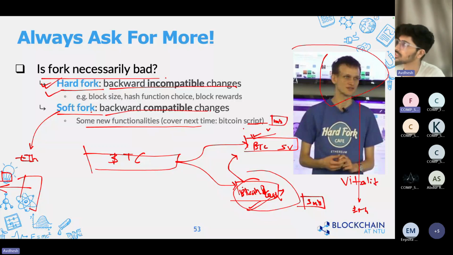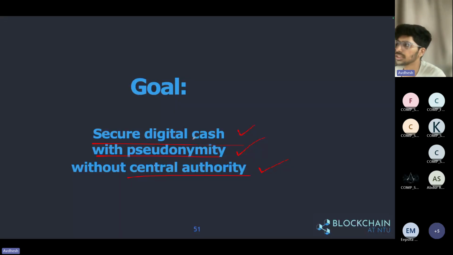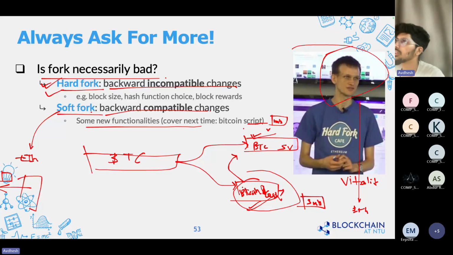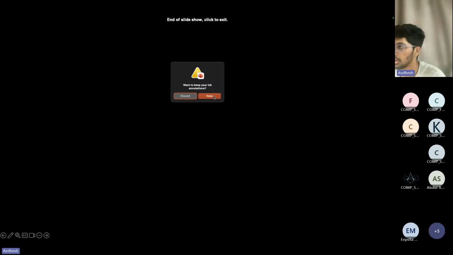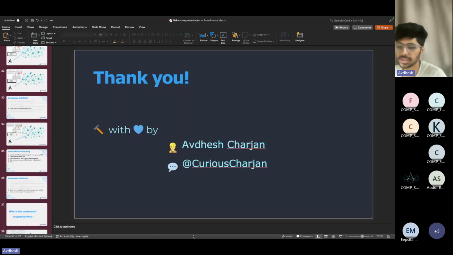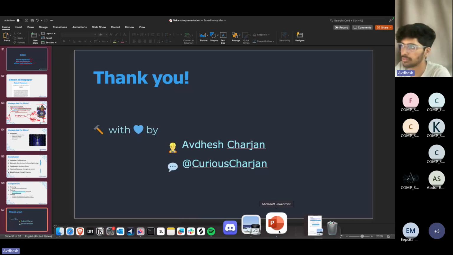He recently turned 30, and I have a lot of respect for him because of the things he did for the Ethereum ecosystem and for bringing forward the idea of a secure digital cash with pseudonymity and without a central authorization authority, which we'll discuss later on the next slide. Just give me 10 minutes more and we'll be done.